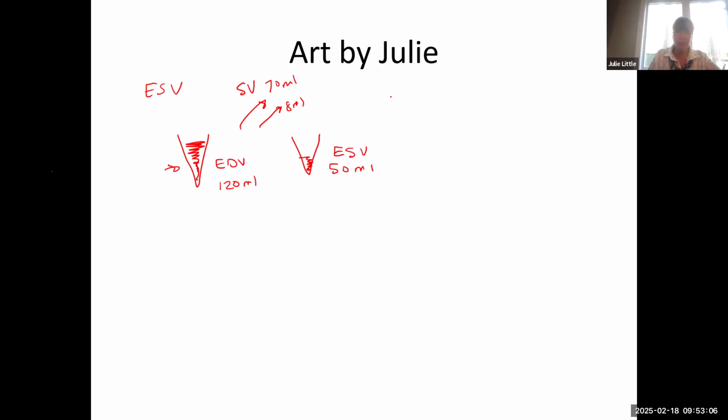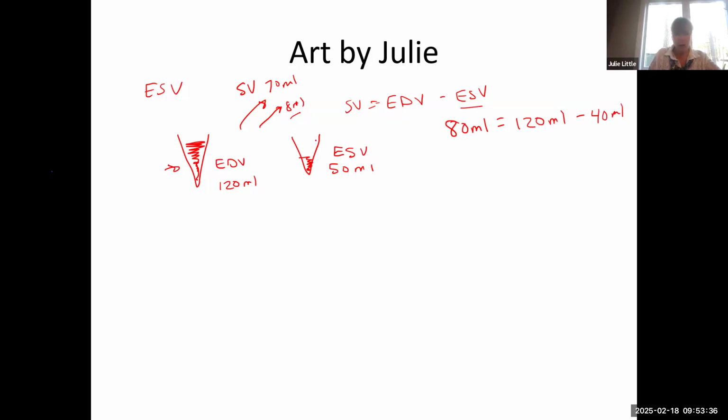Well, if you do the math, stroke volume equals end diastolic volume minus end systolic volume, and we've increased stroke volume to 80 milliliters. And our end diastolic volume, we're keeping the same. So what does that do to our end systolic volume? 120 minus 80 gives us 40 milliliters.